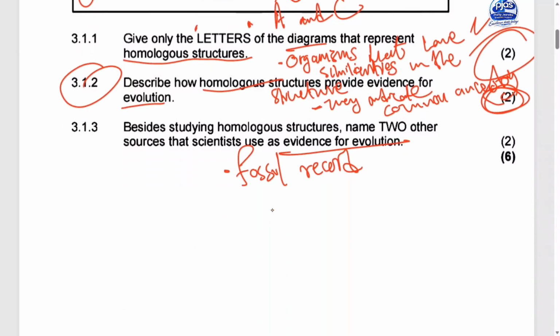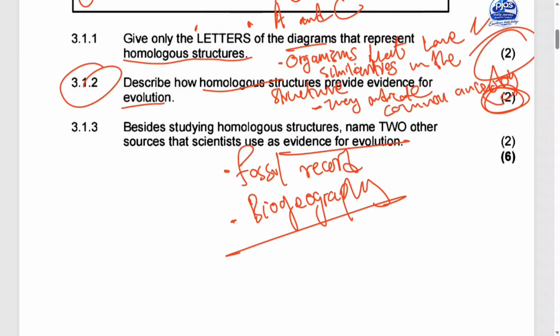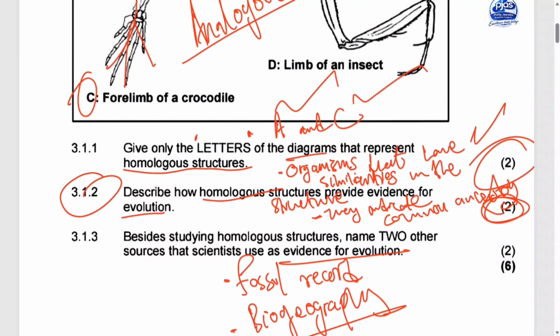And what else can you say? You can also indicate biogeography, which is the distribution of the continents across the world. Organisms belonged to the same continent, but due to continental drift, they were exposed to new environmental conditions.